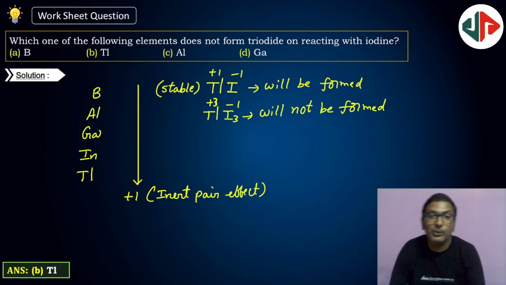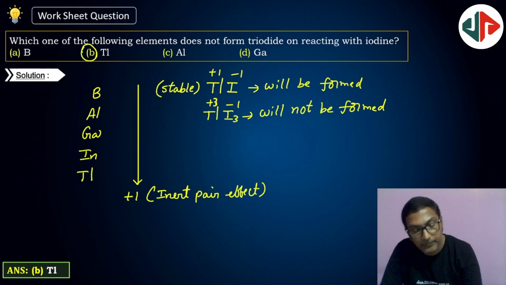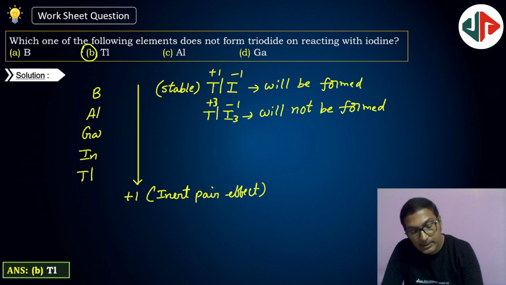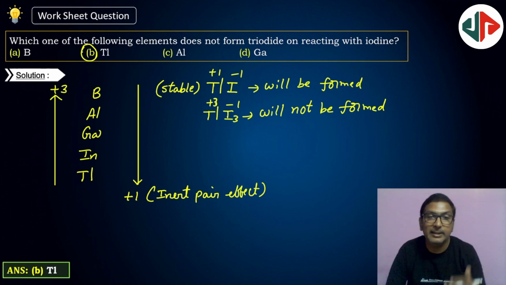Therefore, it can form only monoiodide. Triiodide will not be formed. Therefore, option B. Next, in this direction also remember plus 3 oxidation state increases. Bottom to top plus 3, top to bottom plus 1. Next.